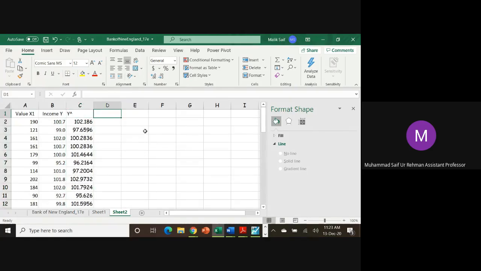Okay, and now you know that the residual value, which is denoted by small e, equals y minus y hat. This is your y minus y hat. This is the answer.